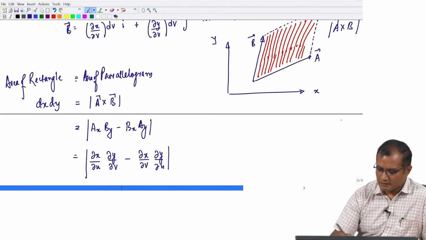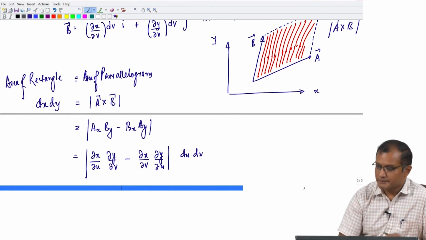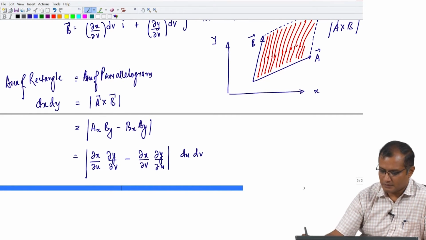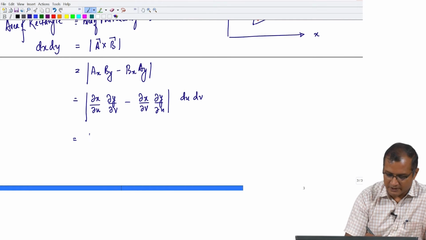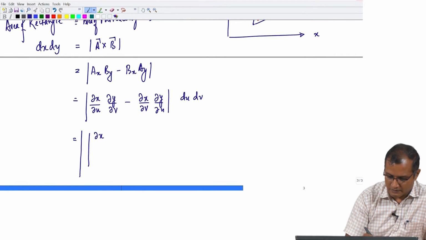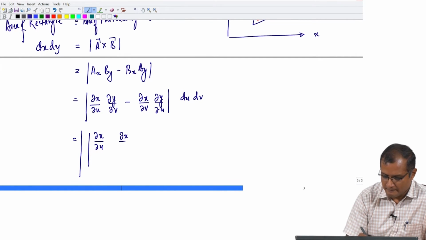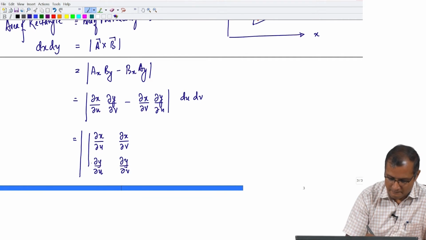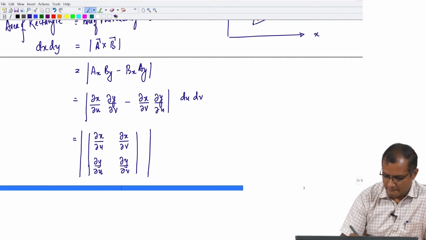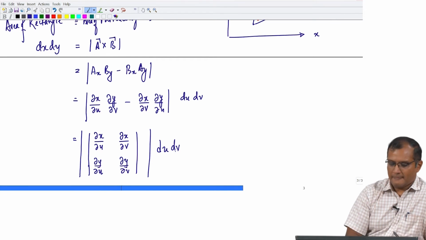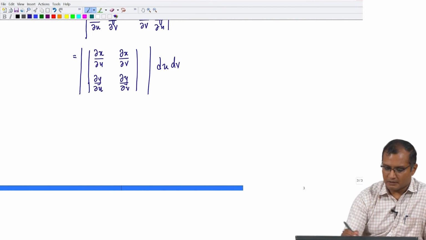Of course, I have taken du times dv outside. Then this can be written in the form of a determinant. The outer vertical line is for the mod. Okay, so this is nothing but the Jacobian of the transformation.